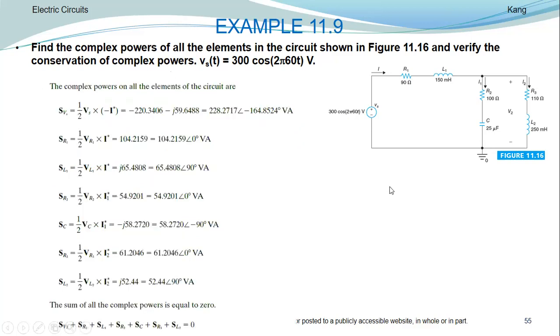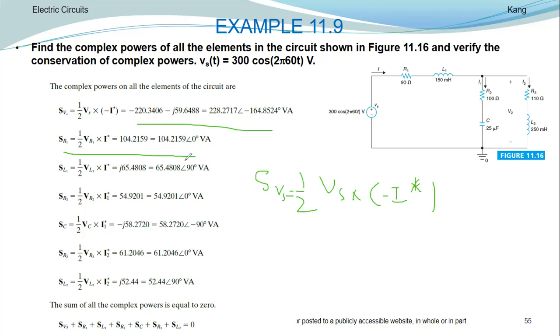Now for the S values, S will be the same formula for all parameters. So S of the source will be equal to half Vs multiplied by the negative of I with a complex conjugate. So the value will be this one.